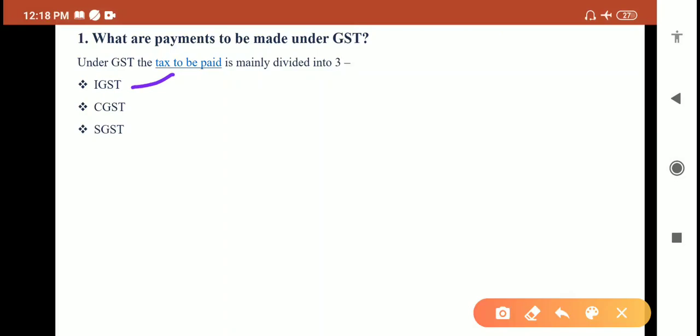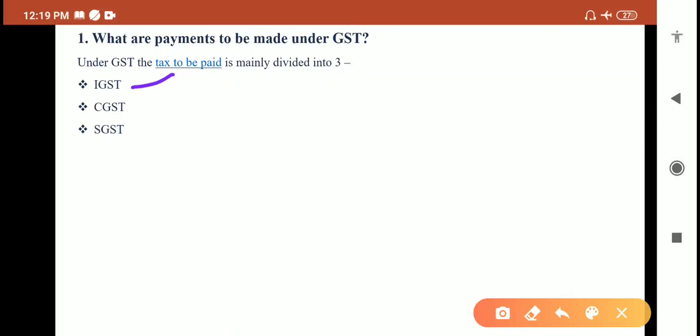And CGST and SGST apply to intrastate supply of goods and services, that is, within the state. When the location of the supplier and the place of supply of goods and services, or the location of the buyer, are in the same state, in the same locality, in these intrastate transactions the seller has to collect both CGST as well as SGST, that is central goods and service tax and state goods and service tax, from the buyer or the recipient of goods.